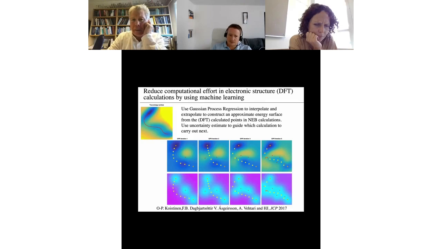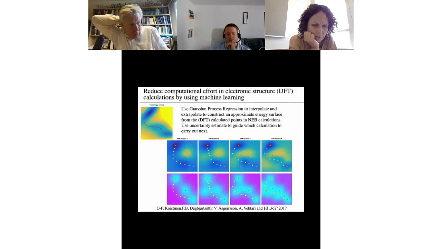So Gaussian process regression tends to give you very smooth surfaces, but it's a lot slower than neural networks, and it's a challenge to apply that to a truly large system.